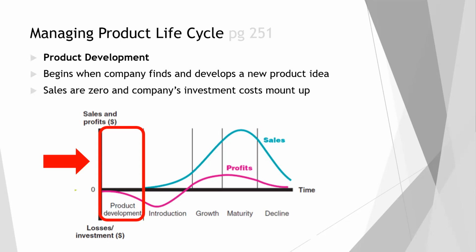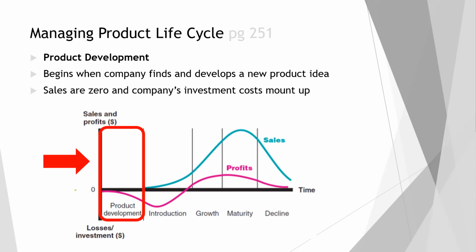We have no sales and we're pouring all this money into developing the product. So in this first stage, product development, we have not even started selling the product to the marketplace. We're actually losing money right now because we're not selling anything and we're putting a lot of investment into creating the product itself.